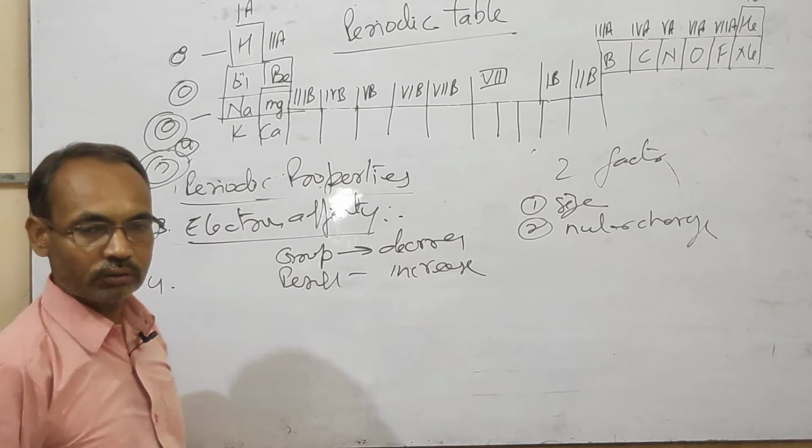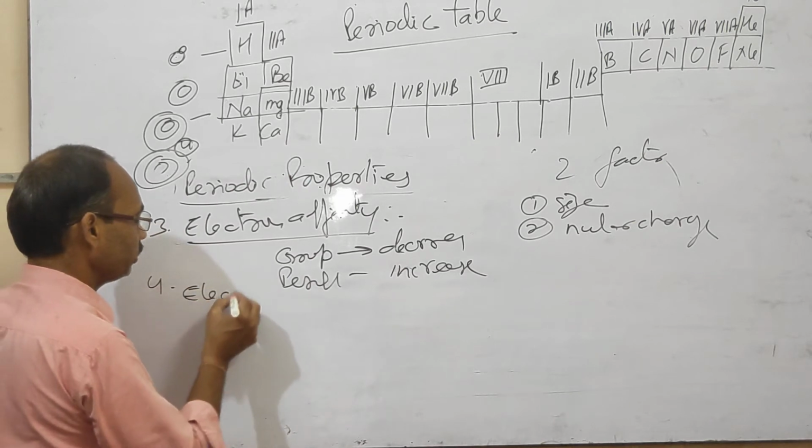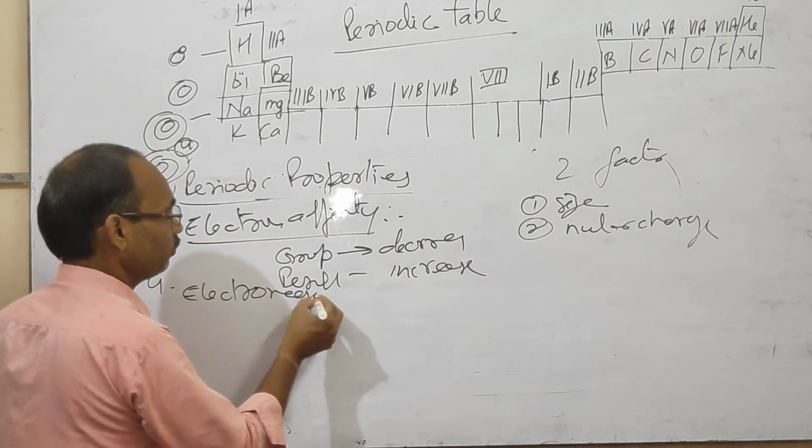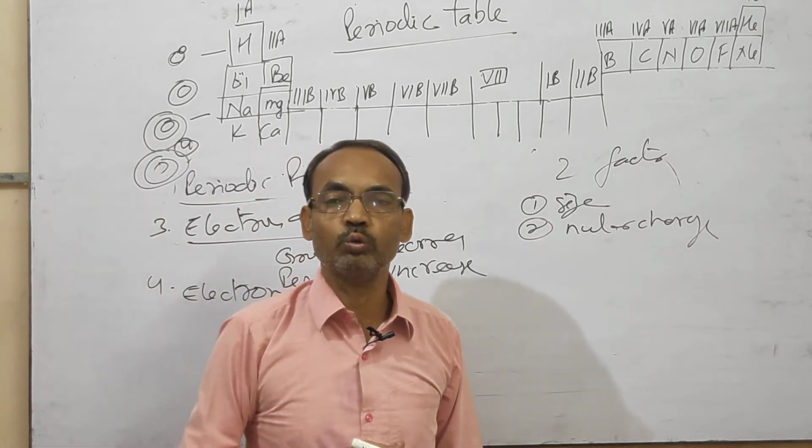And the fourth topic is electronegativity. Electronegativity means the tendency to attract electrons toward itself.